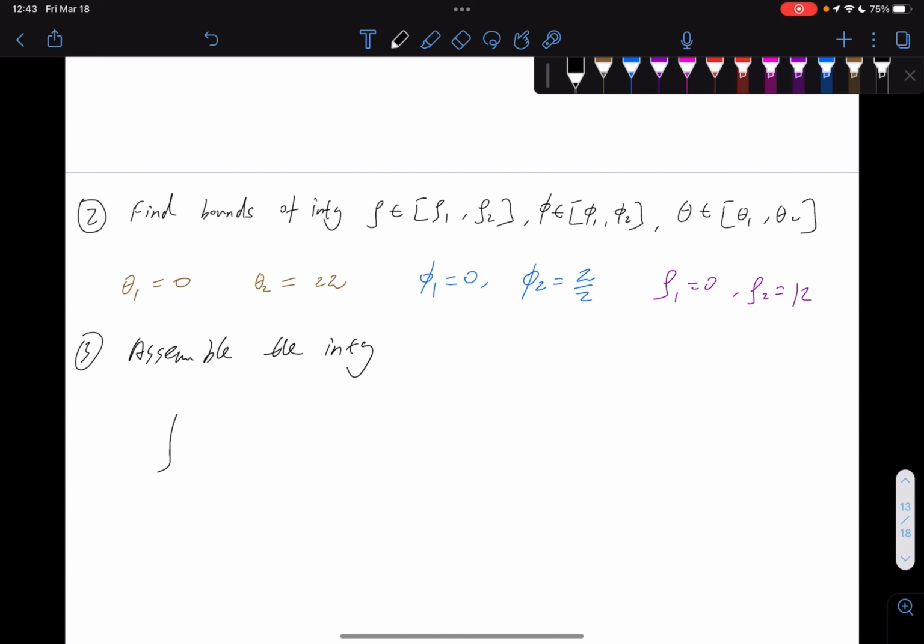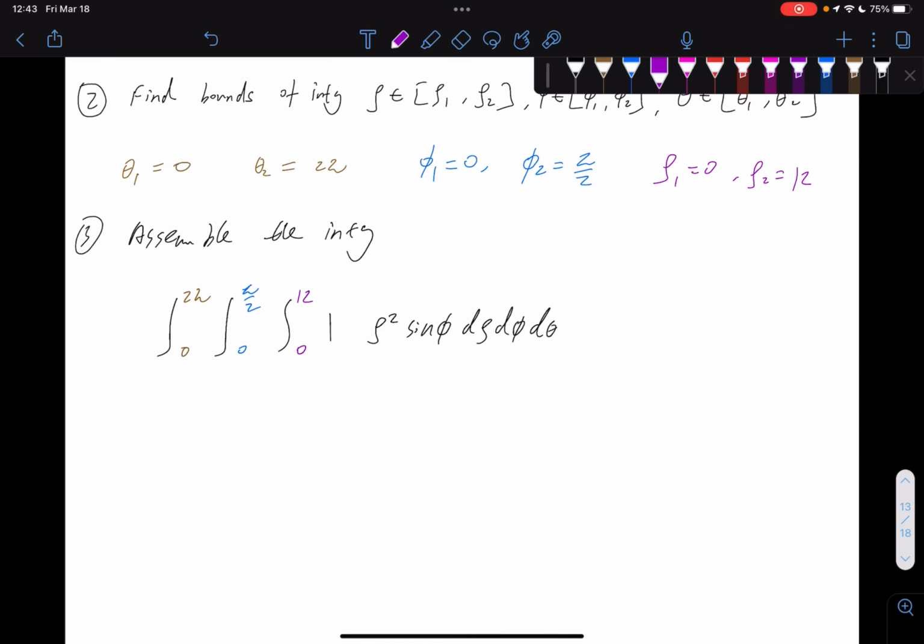Three integrals, and because we're trying to find the volume, the integrand is 1. Our differential in spherical coordinates is rho squared sine phi d rho d phi d theta. The bounds are 0 to 2 pi, then 0 to pi over 2, and then 0 to 12. Let's finish the integral really quickly.